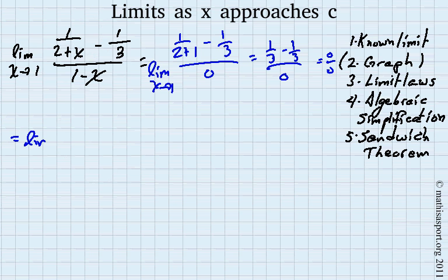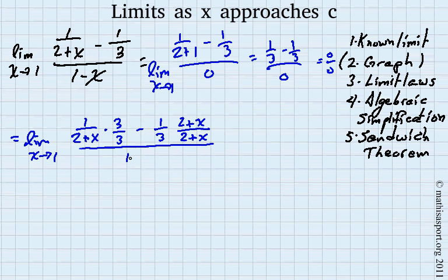Now you'll recall from pre-calculus that the way to get a common denominator is to multiply numerator and denominator of each individual term by whatever is missing from the denominator that would be needed to make for a common denominator. In this case, we need to multiply by 3 over 3, and in this case we need to multiply by 2 plus x over 2 plus x. That's all going to be divided by 1 minus x.